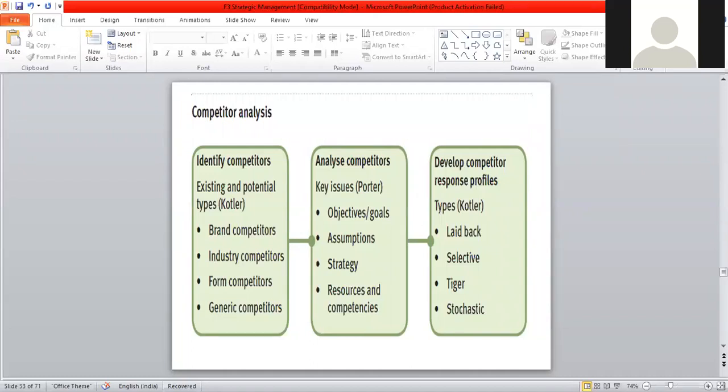Brand is not the reputation, but brand is an identity of someone who's selling a similar type of product. Examples: if you are talking about clothing, whatever the brands are, Peter England or Arrow, these are brands.